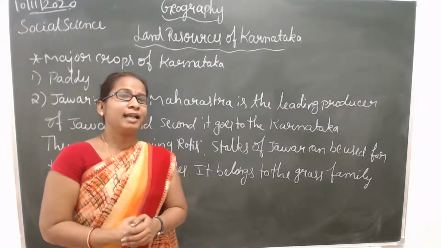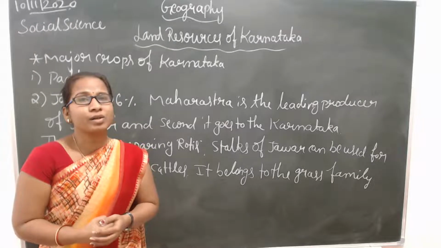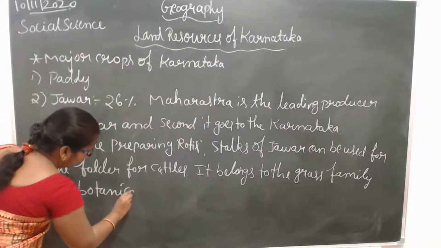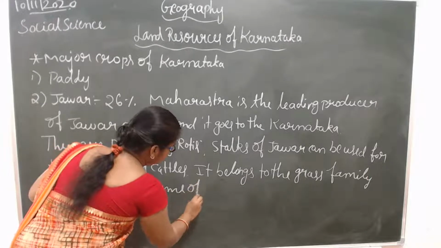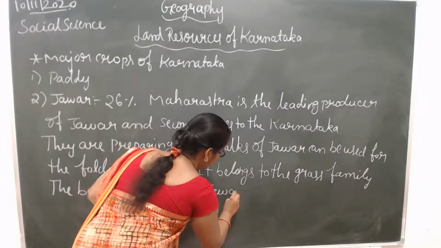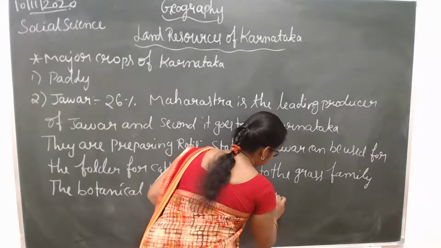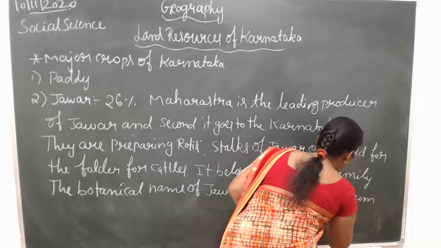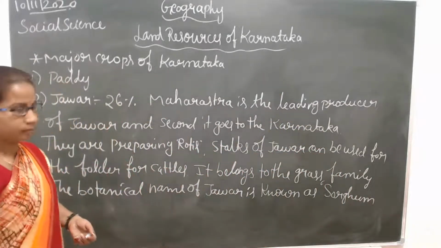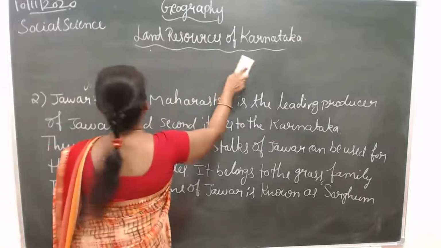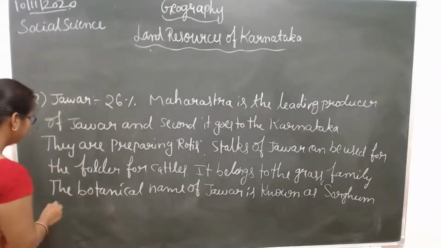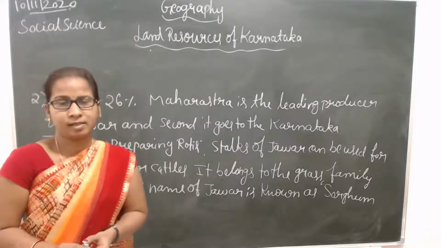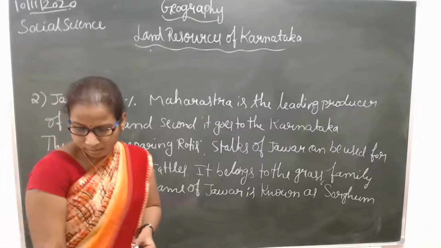The botanical name of jawar is Sorghum vulgare. Like this, they have kept botanical names. So that is called Sorghum vulgare.